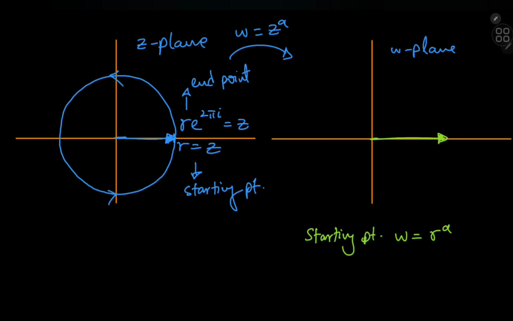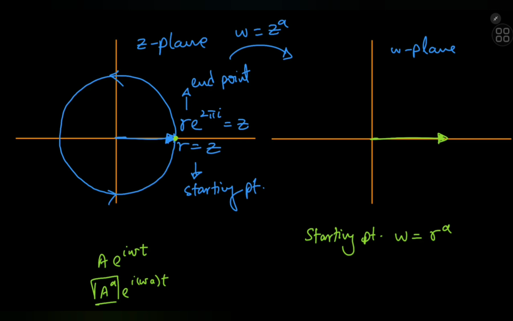Now, this motion over here in the z-plane can be pictured as a particle following the path a times e to the i omega t, where a is the radius of the circular path and omega is the angular velocity. Now, if you switch this up to a times e to the i omega a times t, then you get a particle traversing a circular path of this radius with a new angular speed that might be slower if a is less than 1 and faster if a is greater than 1 compared to the speed of the original particle.